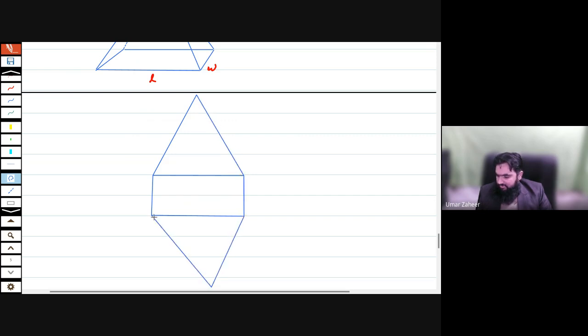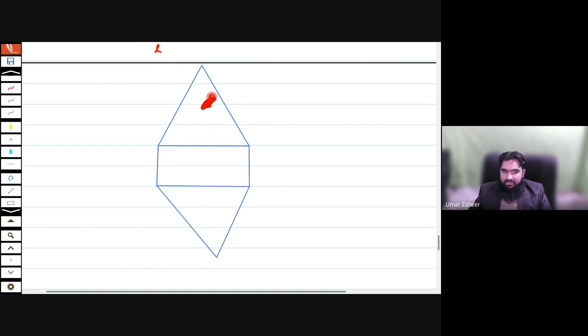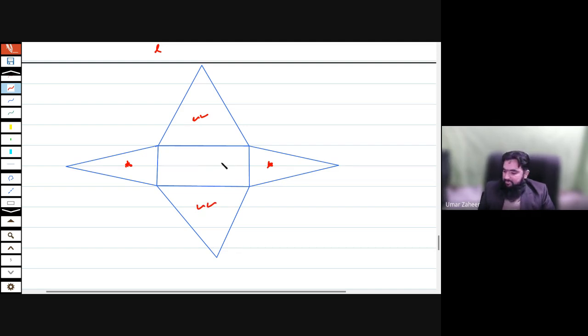The important thing is that these two triangles are exactly the same. This triangle is exactly the same as this one. In the same way, we have a triangle here as well, and this triangle and this triangle will be the same, and this triangle and this triangle will be the same.